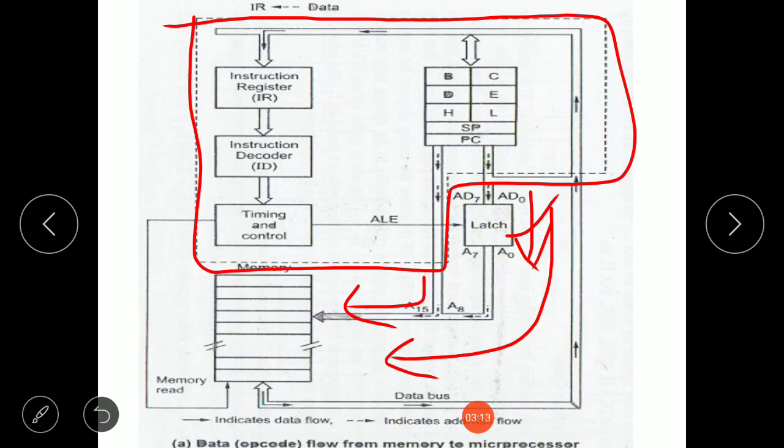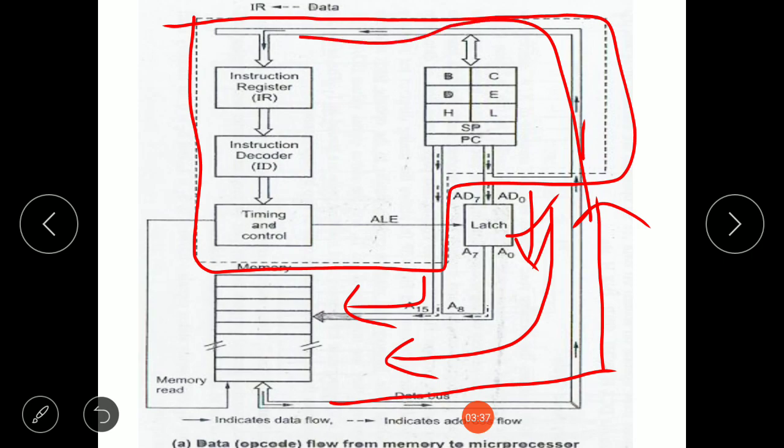Now the 16-bit address goes to the memory, and once it reaches the memory location, it finds the opcode. It places the opcode on the data bus, and from the data bus the opcode goes to the microprocessor, where it gets stored in the instruction register.